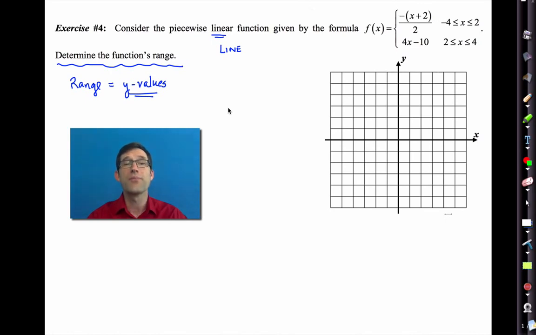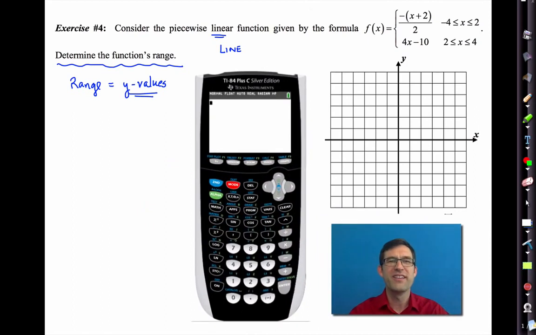So right now I'm going to open up the TI-84 Plus. There it is. I love my TI-84 Plus. Now, we haven't really used it yet to graph piecewise functions. And what's really neat is I can now enter both of these formulas in, produce a table, and really look at that table to get those values.